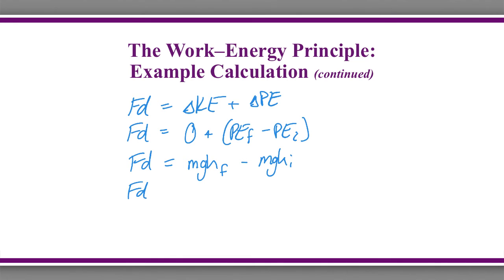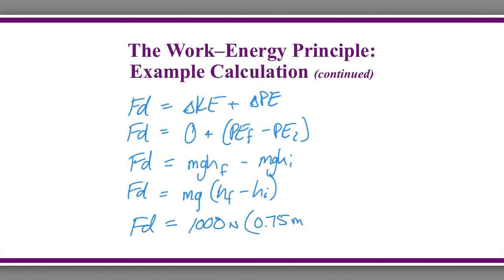So FD is ultimately equal to mass, or the weight of an object, times the final height minus the initial. So FD is equal to 1,000 newtons times 0.75 meters minus 0.05 meters, and FD is going to be equal to 700 joules.